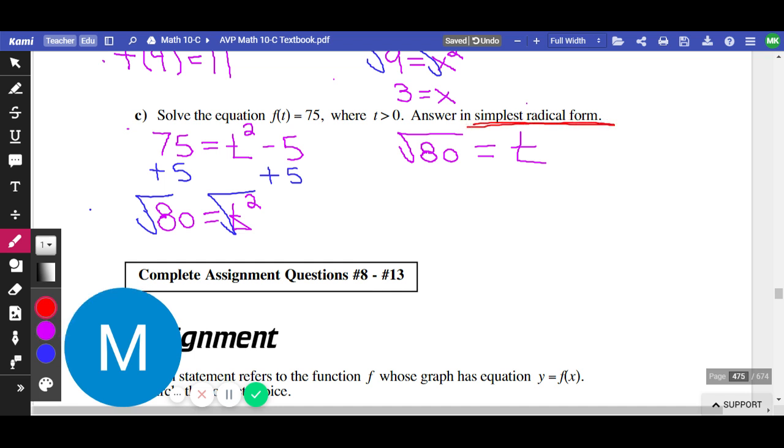So remember, simplest radical form would be something called a mixed radical, where you get a coefficient out front. It's been a long time since we've done that. What you would have to do is find what number divides into 80, and I think 16 divides into 80. The square root of 16 turns into 4, and 80 divided by 16 is 5.